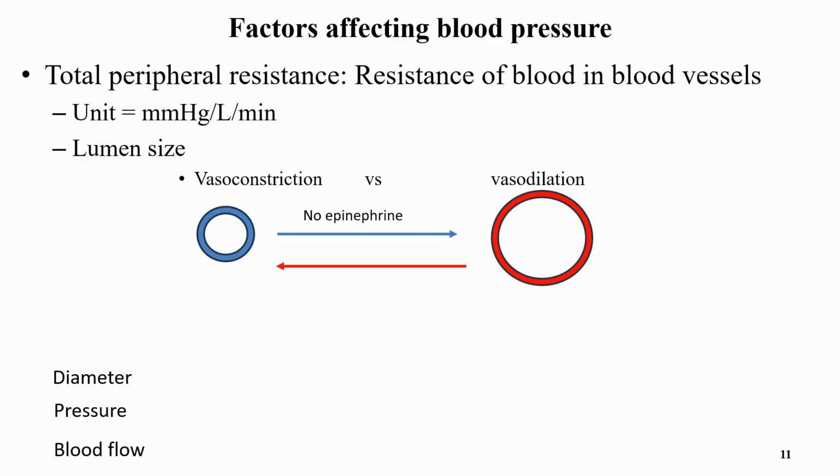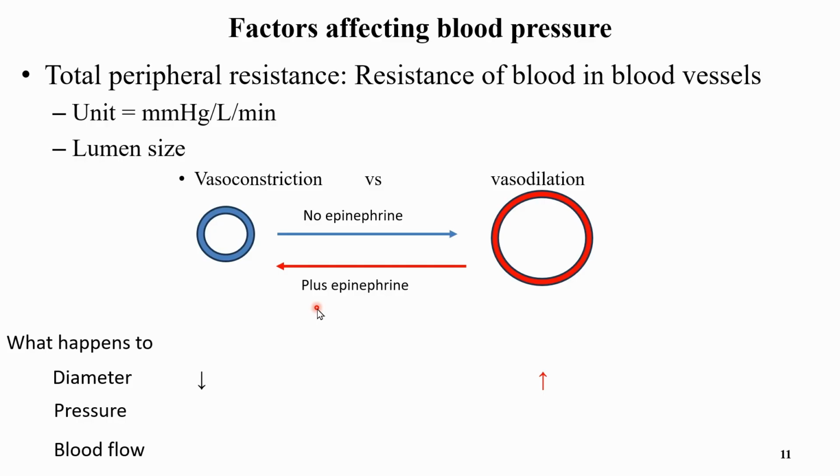But whenever you perceive danger or you are exercising or anything that raises your blood pressure, that would increase epinephrine release, and that will cause the blood vessel, as you can see on the left, to become vasoconstricted, a lot smaller. So what happens to the diameter in vasoconstriction? Of course, it's going to decrease in vasoconstriction, and it's going to increase in vasodilation.